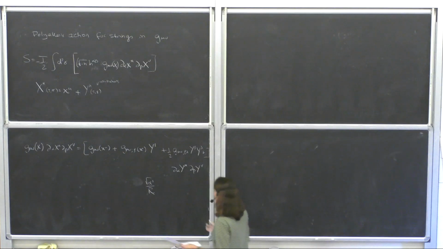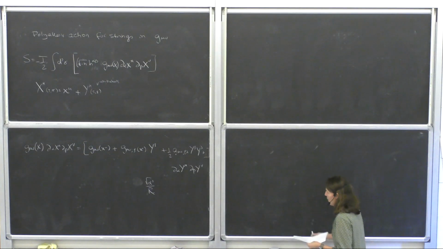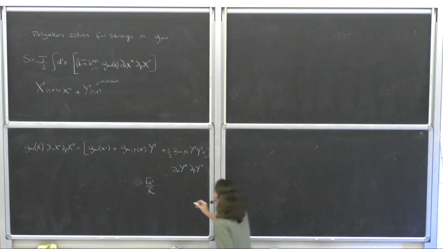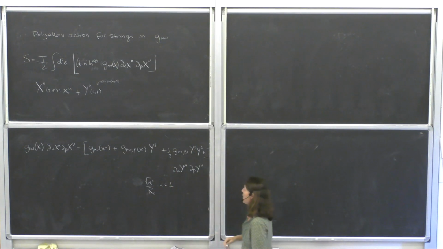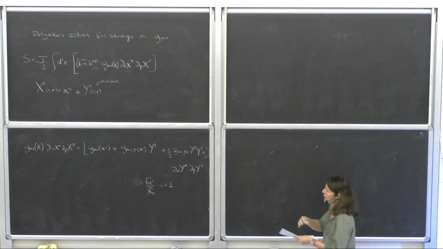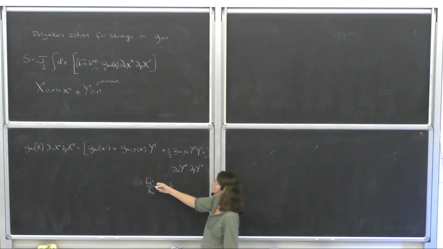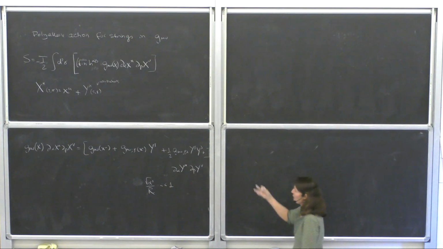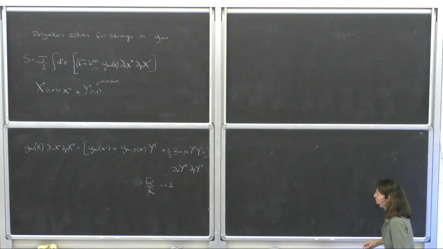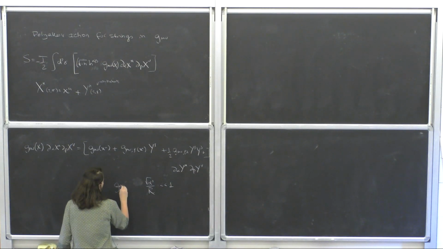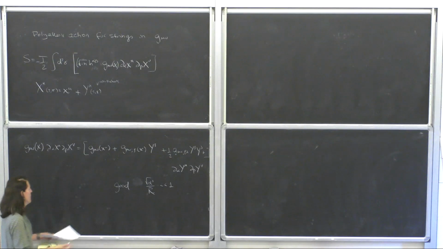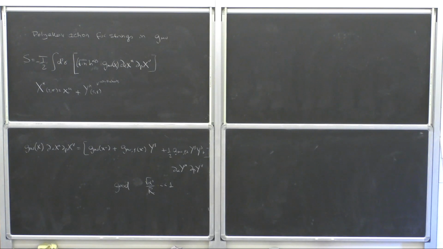If you have a sphere, the radius of curvature is the radius of the sphere. So if this is much less than 1, so space-time is varying, but at scales much longer than the string length, then you can do this expansion. If you have a sphere that is of the order of the string scale, you cannot do this. You have to attack the problem in some other way.